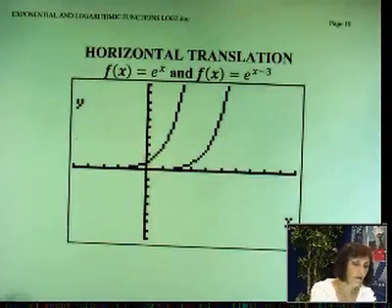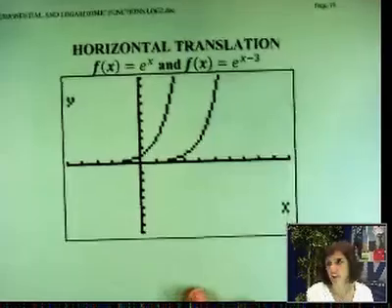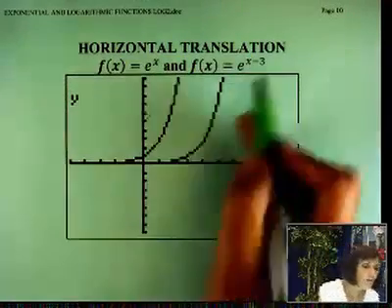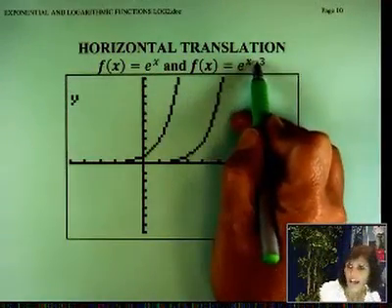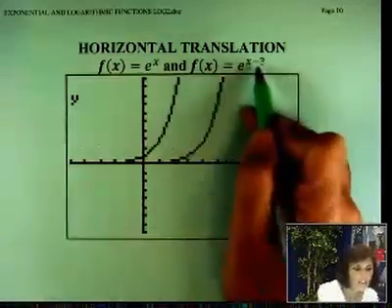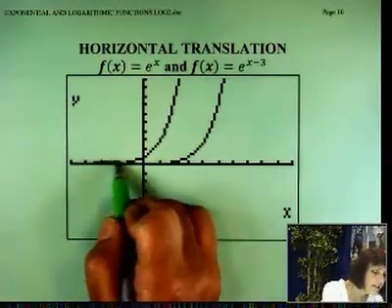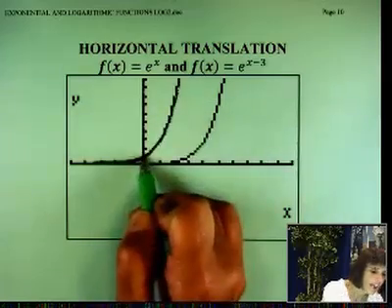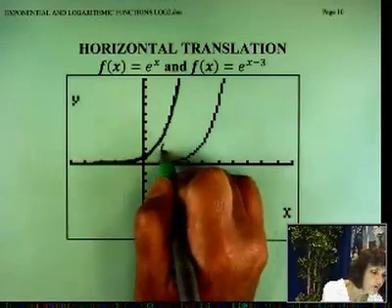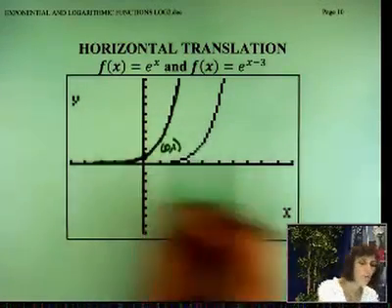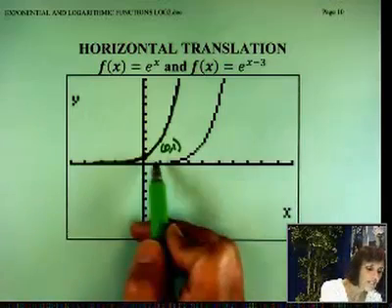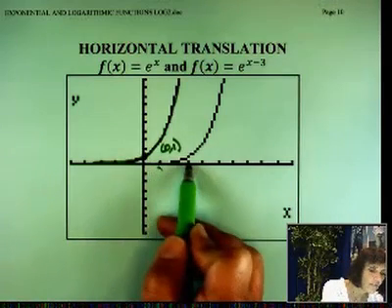How about this one? Horizontal translation. How do you show that? You're going to either subtract or add. When it's subtract, it moves right. When it's add, it moves left. Okay, e to the x. This is 0, 1, remember? It's going to move to the right 3 steps. 1, 2, 3.